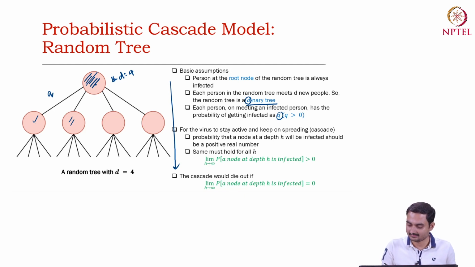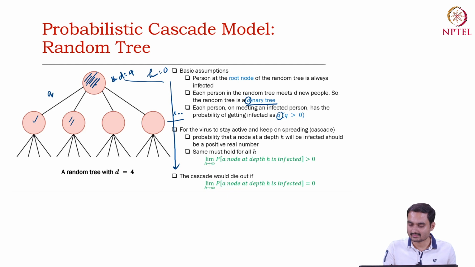Essentially, if you look at the depth h, h equals 0, h equals 1 and so on, at every depth if at least one node gets infected, then it means that this cascade will go on and on.